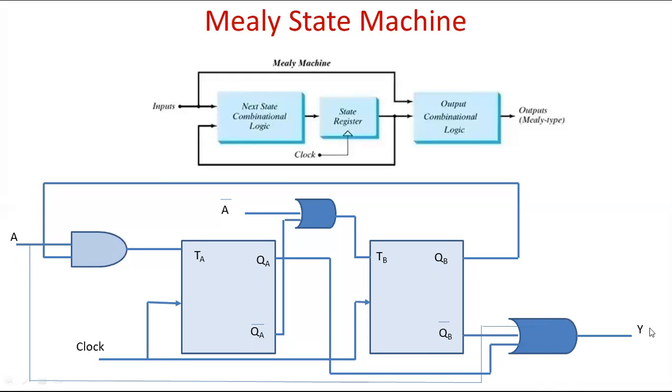The y value is y = a + qa + qb bar. So it depends on both the present state and the present input. This is the difference between the Mealy machine and the Moore machine.